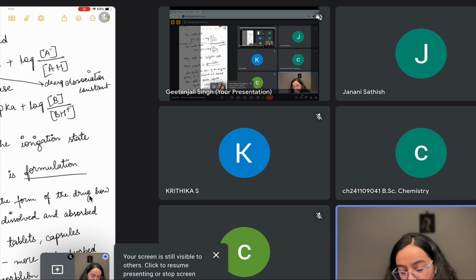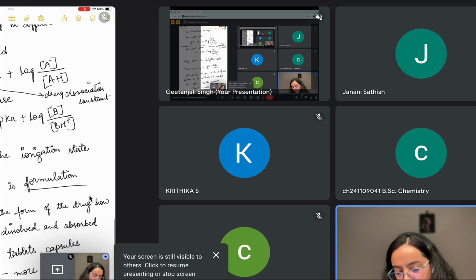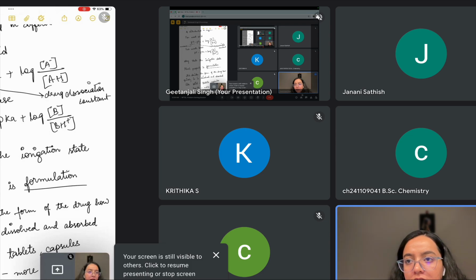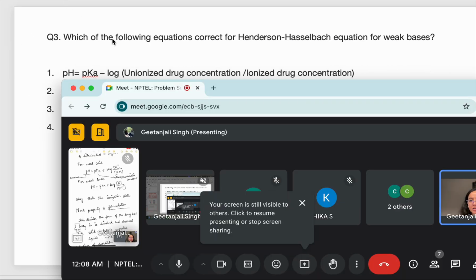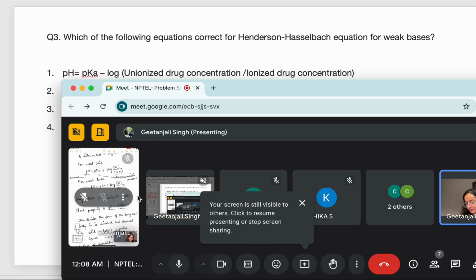So for Henderson-Hasselbalch, this equation. Let me see, what was the question again? Which of the following equations is correct for Henderson-Hasselbalch equation for weak bases? So let's discuss the formulation here.